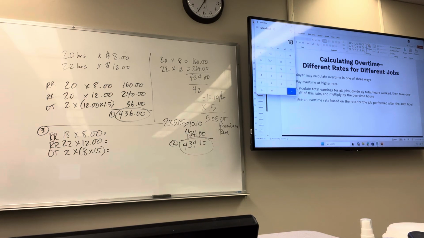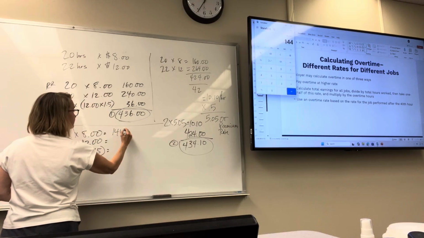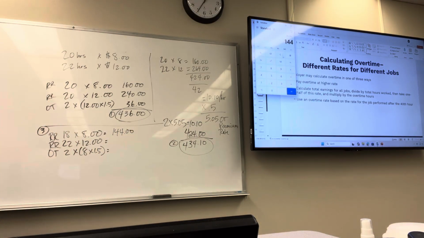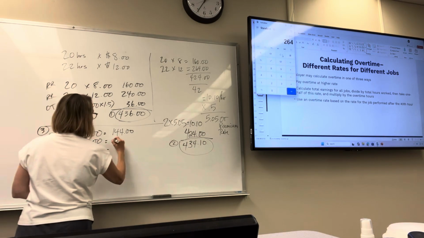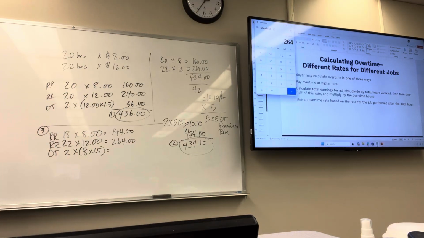So, 18 times 8, 144. 22 times 12, 264. And then, what is that? 12, 8, 8.